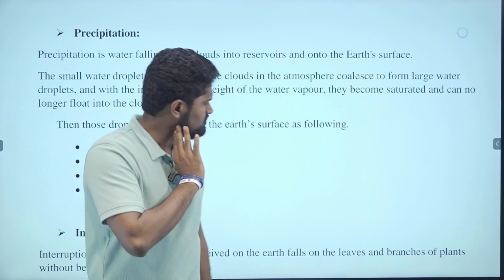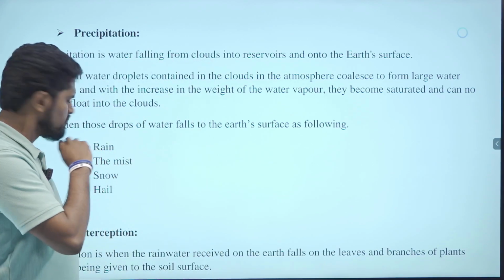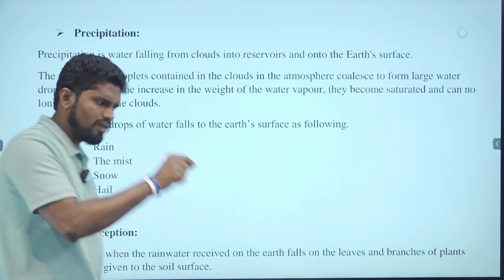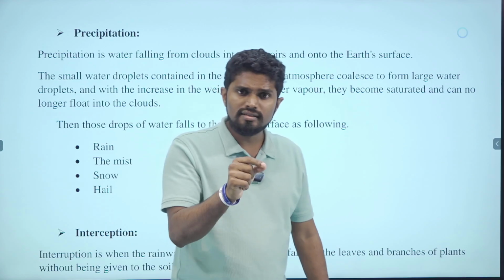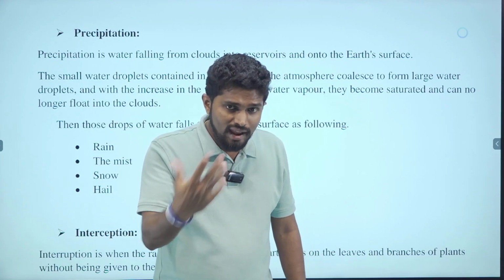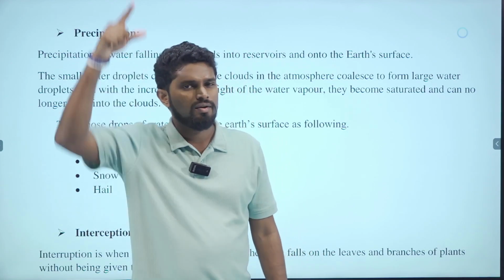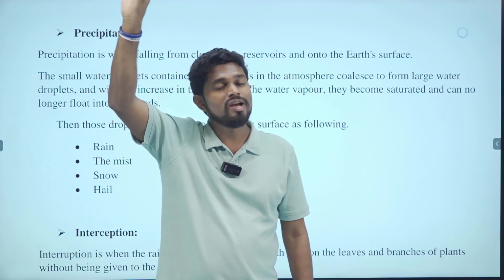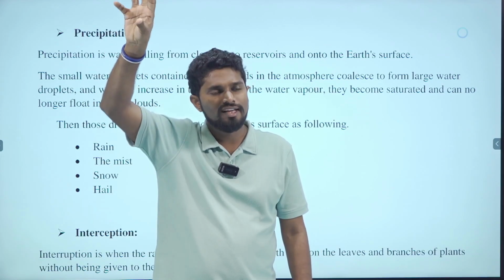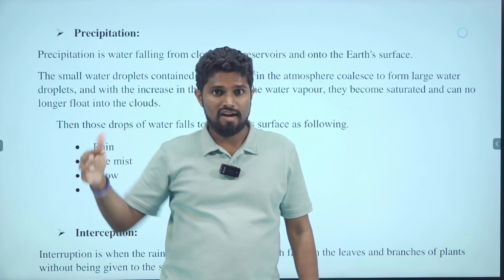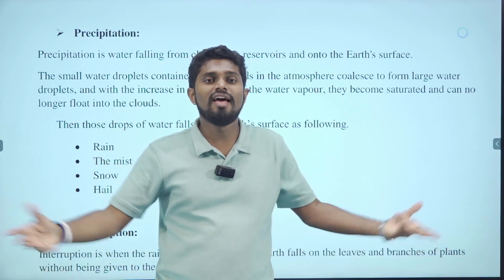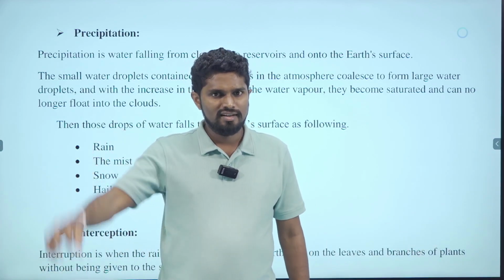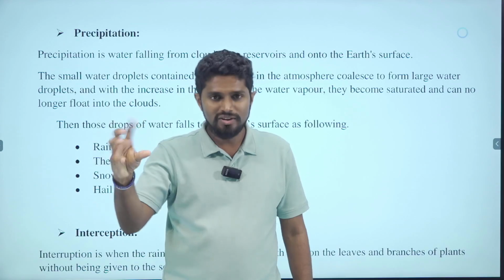And if in some country the temperature is less than 1 Celsius, what happens to that liquid water? When the liquid water falls through the atmosphere and the temperature is less than 1 Celsius, what happens? It converts into solid, no?